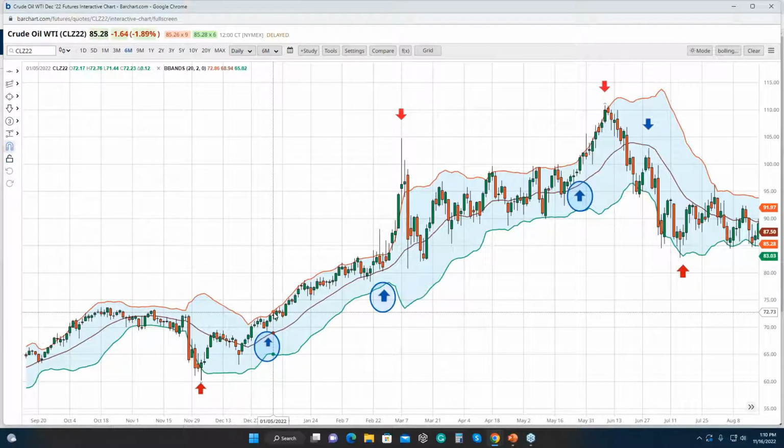And notice how price moves from below the middle line, our moving average. Now, it moves towards that outer band. And at the same time, notice that prior to this movement, our bands were narrow, contracting. Energy is being compressed here, right? The market is waiting for some kind of a catalyst to make price move.